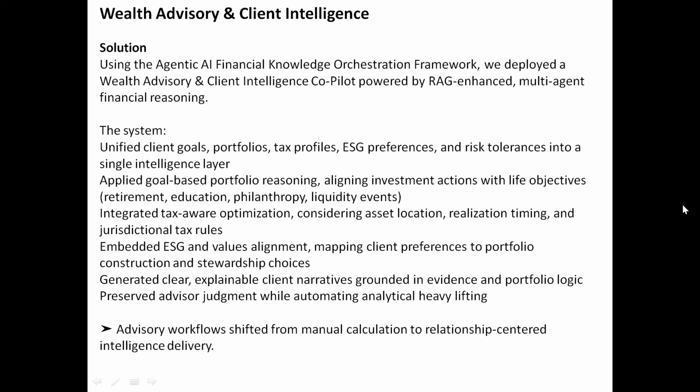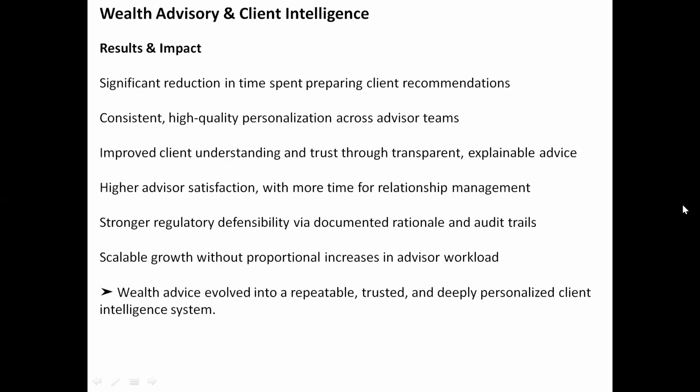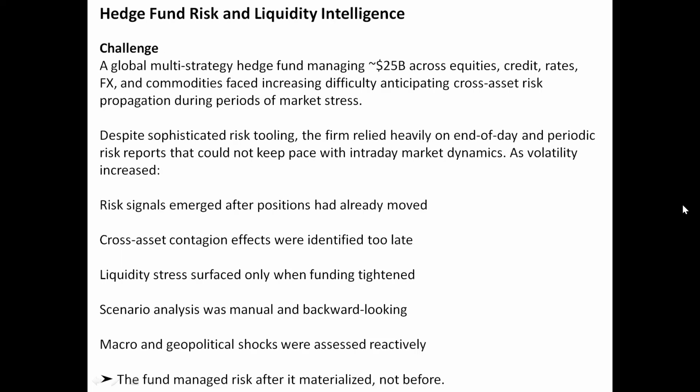The advisory workflow shifts from manual calculation to relationship-centered intelligence delivery. The result is a significant reduction in time spent preparing client recommendations, and wealth advice evolves into a repeatable, trusted, and deeply personal client intelligence system.